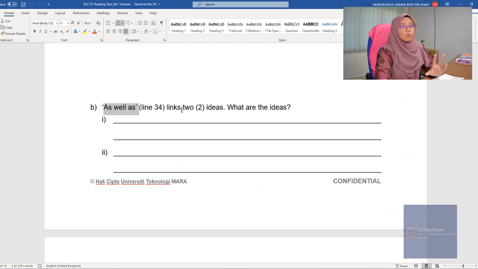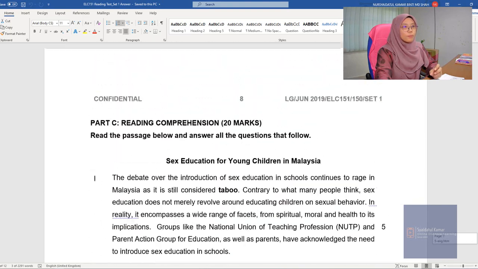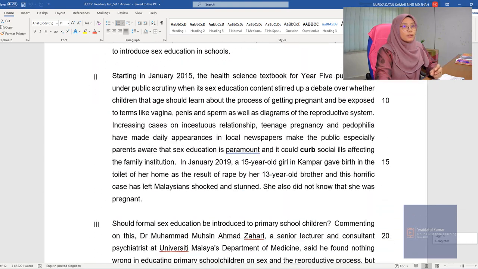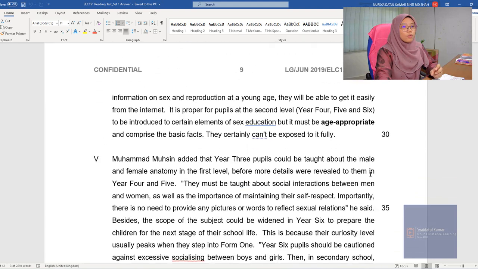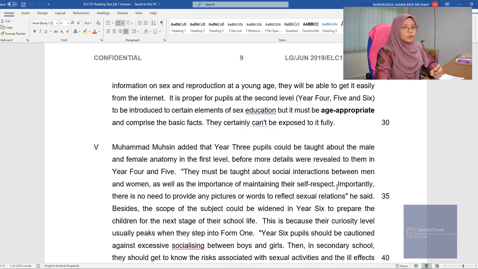So you have to provide the two ideas linked by this phrase. So you obviously have to identify them. Go to line 34.